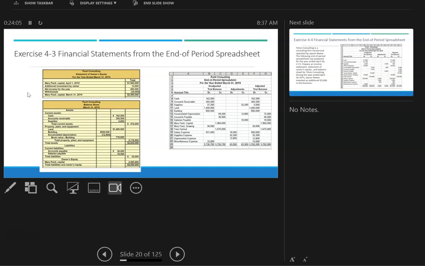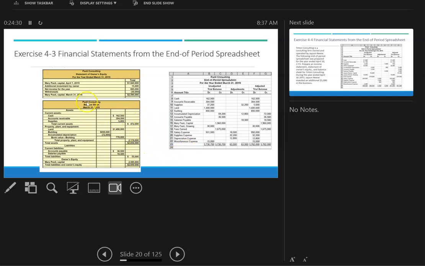This ending balance of $2,595,000, we need that number because do you see down here, it flows into the balance sheet, the $2,595,000. Do you see that? So we get that information from the statement of owner's equity to put in the balance sheet.